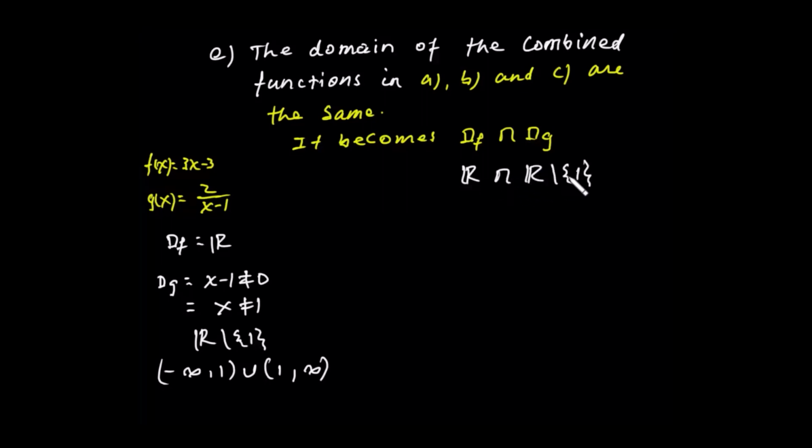So the common part of the two is R without 1, the set of all real numbers without 1. So the domain of the combined function in a, in b and in c is R without 1.